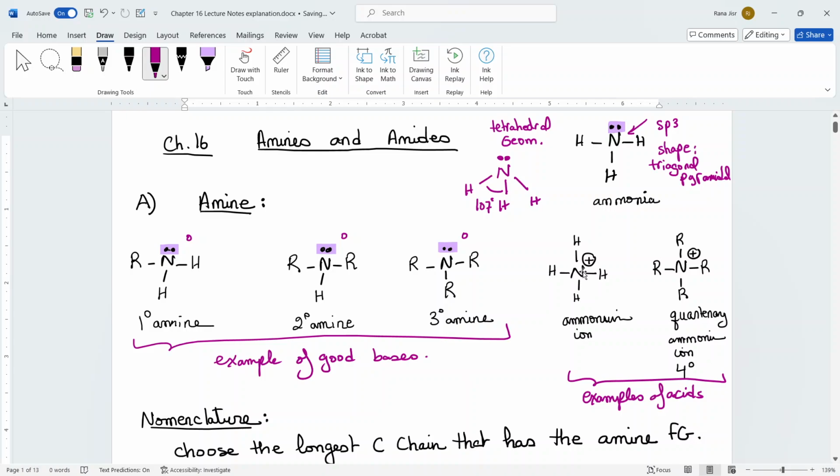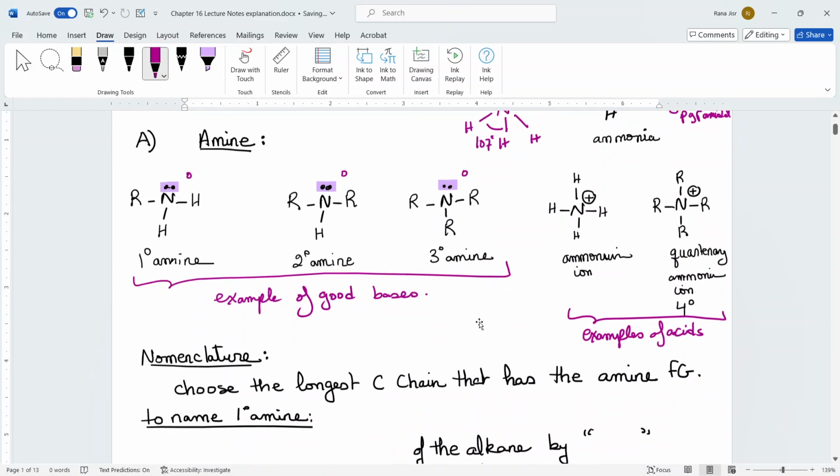Versus when the nitrogen has 4 bonds around it, the formal charge is positive. We can change the identity of the nitrogen from a base to an acid. So an acidic nitrogen is a nitrogen that has 4 bonds around it and a plus charge. That plus charge is important to make those nitrogens an acid. If you want the nitrogens to be a base, then you would need to have them having lone pairs.